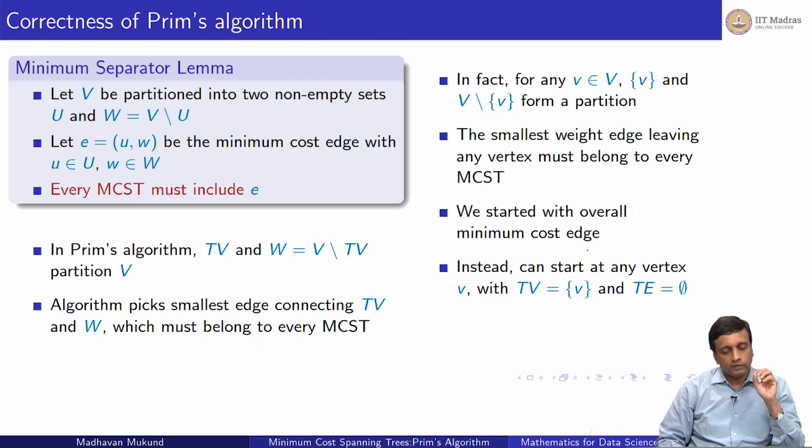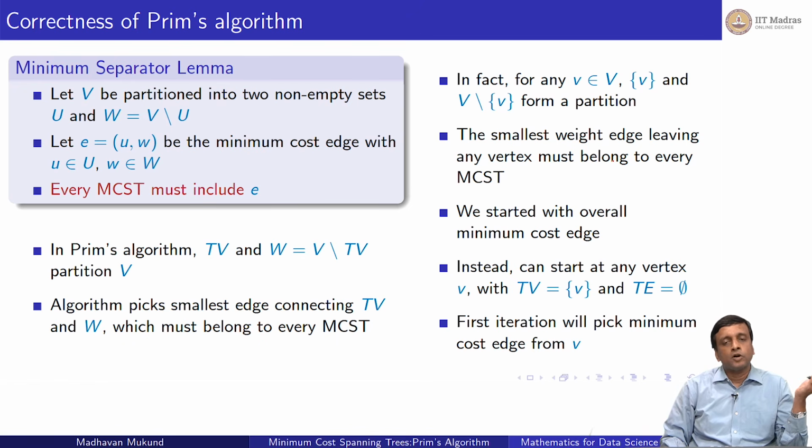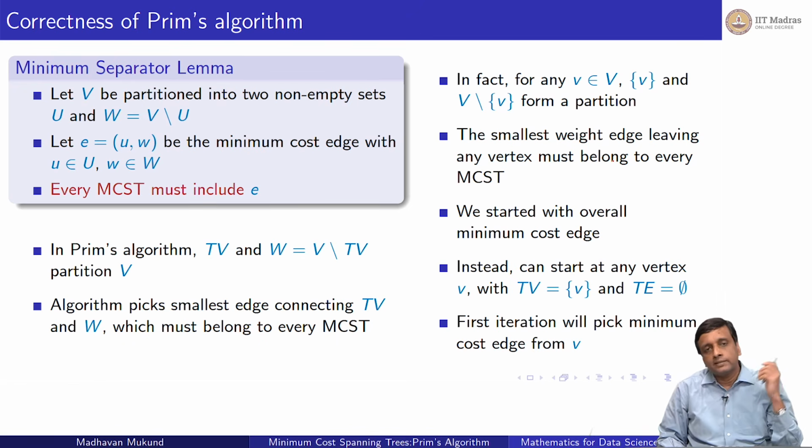So I can start with TV set to be just a single vertex and no edges, and then apply Prim's algorithm. What Prim's algorithm will first discover is the smallest edge which connects V to one of its neighbors. That will be my first edge, and so on. So Prim's algorithm will work from any starting point. The first iteration will pick the minimum cost edge leaving V, which by this lemma is correct.